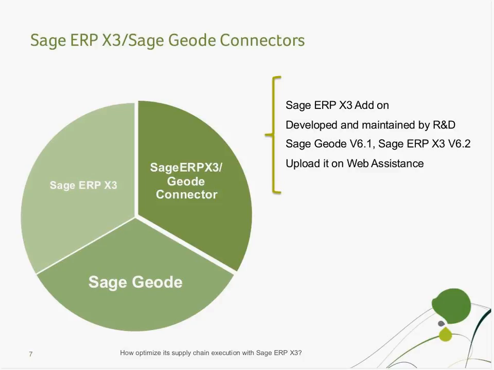Price levels of these modules suit particularly to meet the needs of our prospects and our targeted customers, and we made a huge effort to try to enter in the common standard list of Sage ERP X3.